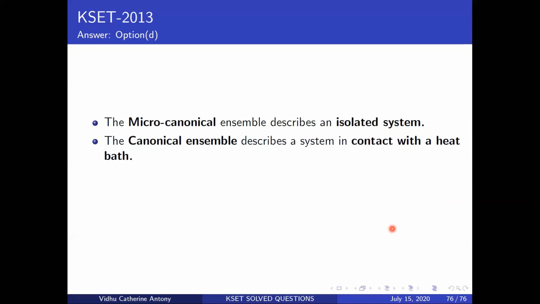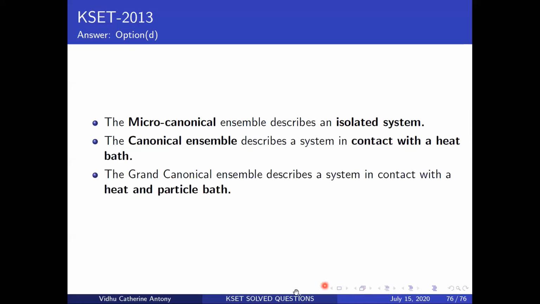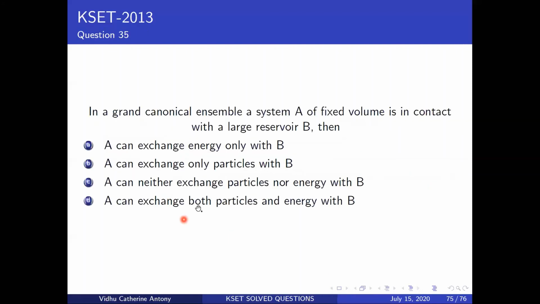And then the other one that you have is your grand canonical ensemble. So it describes a system in contact with a heat and a particle bath. So basically it can exchange heat. That means it can exchange energy and can also exchange the number of particles. Okay. So that is what you have here. So if you look at the options, what are the options that you have?